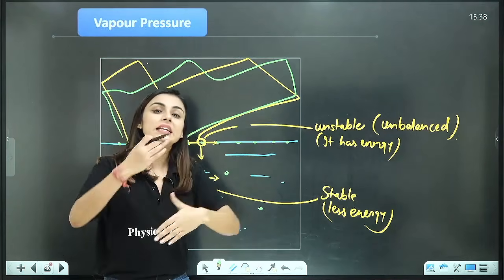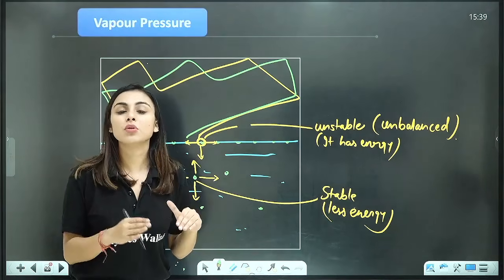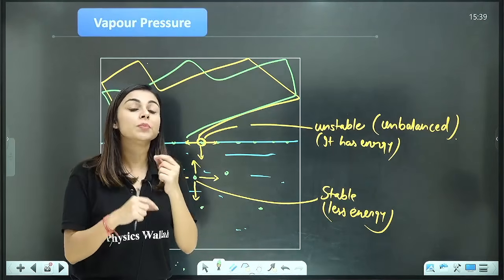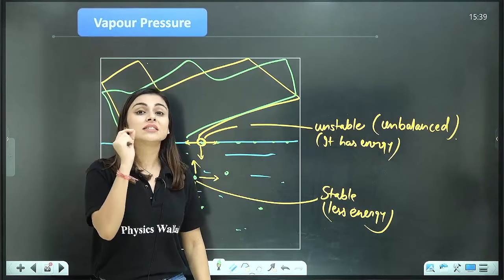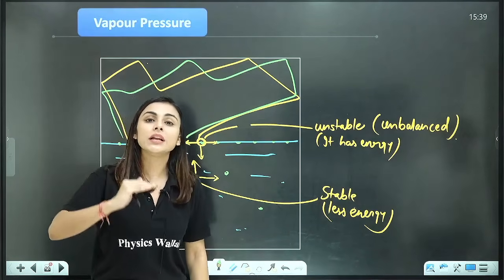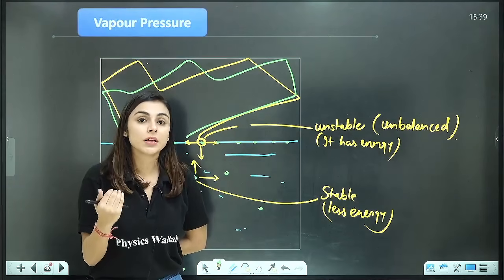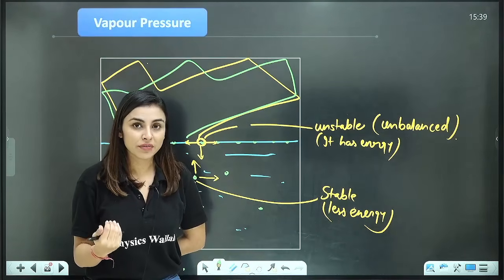So we can say that there will be an equal number of people going outside the jail and an equal number of people coming inside the jail. There will be an equilibrium. So at some particular temperature, there will be an equilibrium where an equal number of molecules will be going into the vapor phase and an equal number of molecules will be coming into the liquid phase, right?